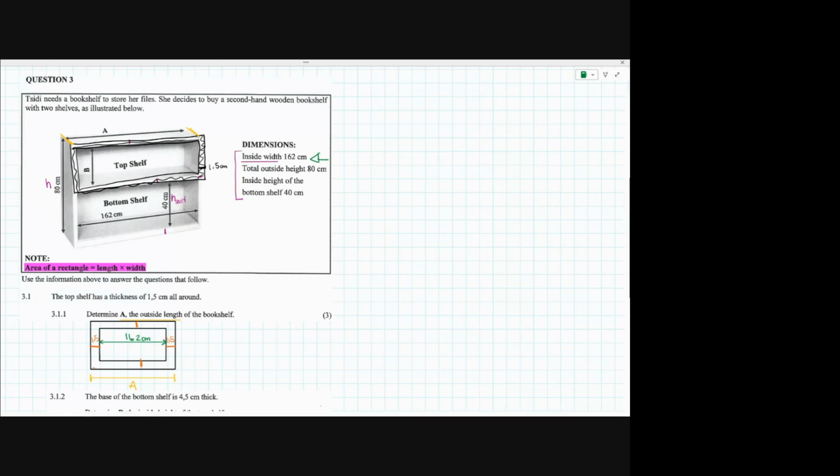And so basically what we need to do is add all of these lengths that make up A at the bottom. So this would be the 1,5 plus the 162 plus the other 1,5. That will translate directly to my length of A. If I take this yellow line all the way down to match up with A, that's the length of A. That is what we're wanting.